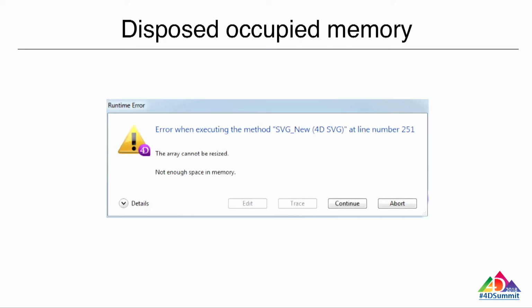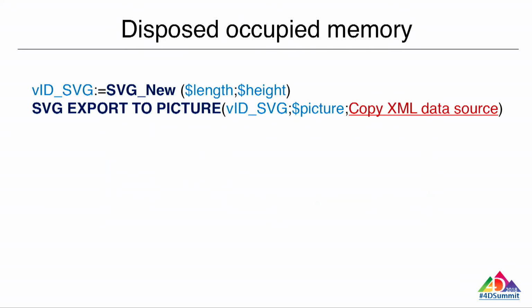Eventually we will run out of space. With this, we can just use the SVG_CLEAR command to clear it every time. You might be putting this in a method that is automated, so you could be calling it multiple times, but using SVG_CLEAR can clear this memory.